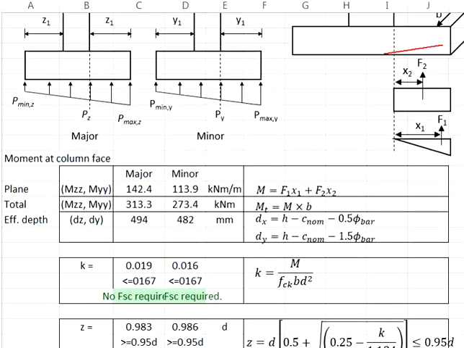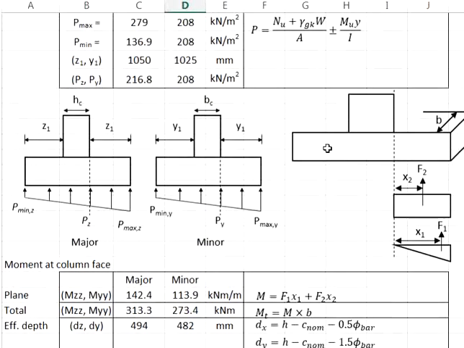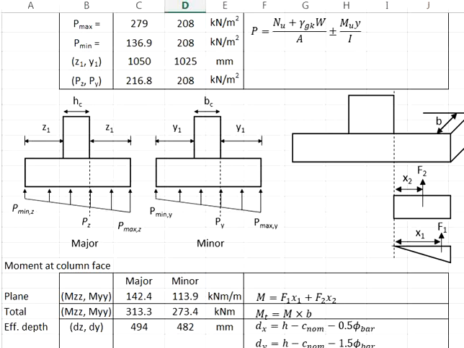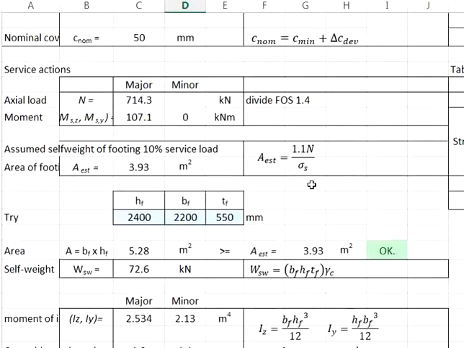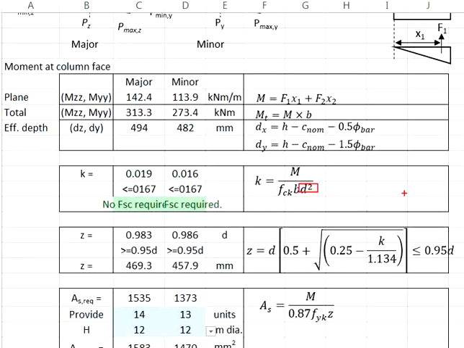The main reinforcement bar resisting the moment in the major axis is here, along the longer span of the pad footing. Your B should be here, which is 2.2 meter for the major axis. As for the D, we are referring to the effective depth for the major axis.